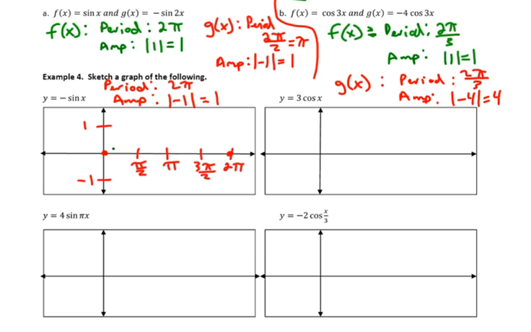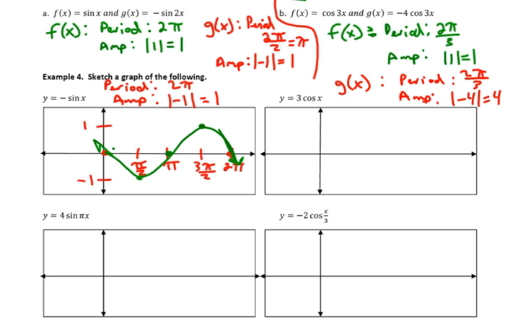So this graph is going to start, and it's going to go down to -1, and then it's going to come back to 0, and it's going to go up, because that negative in front flips this graph upside down. So this goes down and comes back up, and then keeps going down again. Okay, so there's a nice sketch. This should actually go through this point right here. Okay, so I need to plot 5 points on this graph, and those 5 points are going to be important as we're continuing this.